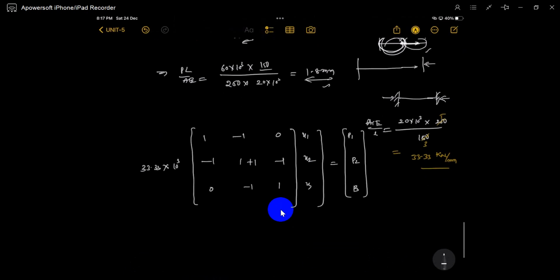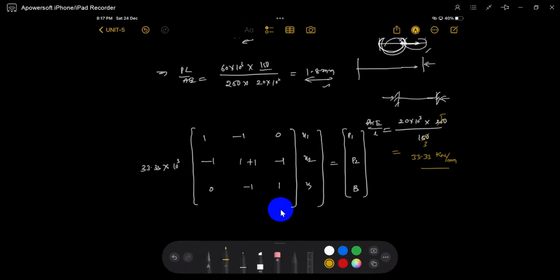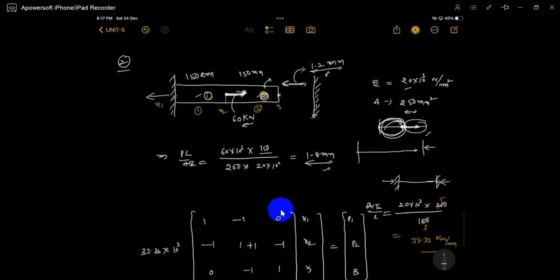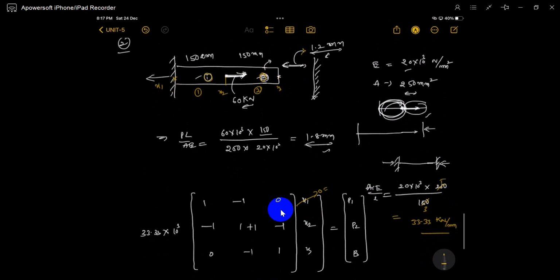So apply boundary conditions. What are the boundary conditions? u1 is 0. How much is the displacement of u3? You already know you allowed only 1.2 mm, and only for that case p3 will develop.